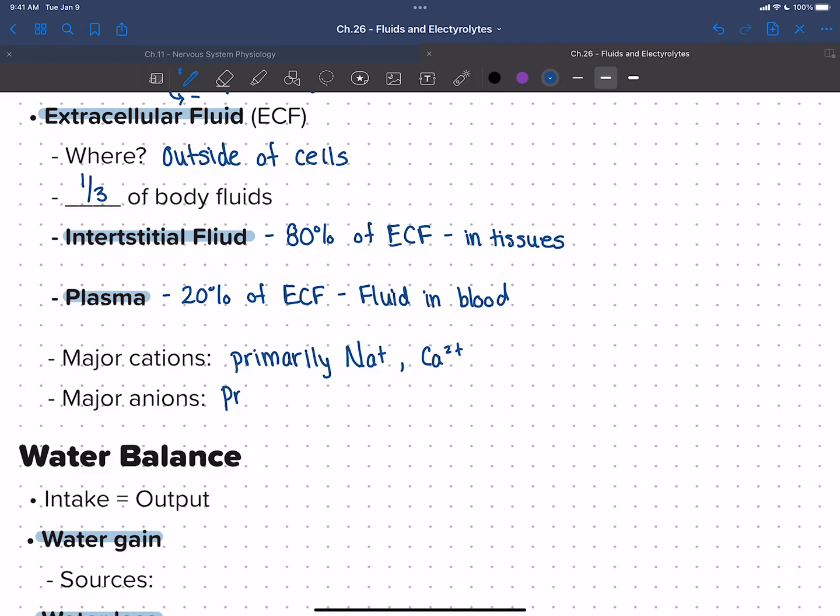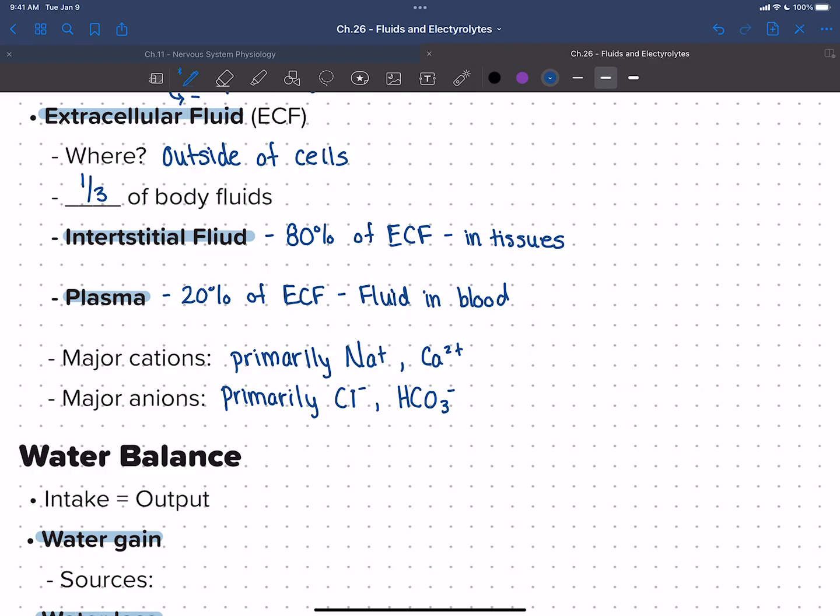So primarily chloride, Cl minus. And we are also going to have a lot of bicarbonate. Okay. Good, so those are our different fluid compartments.